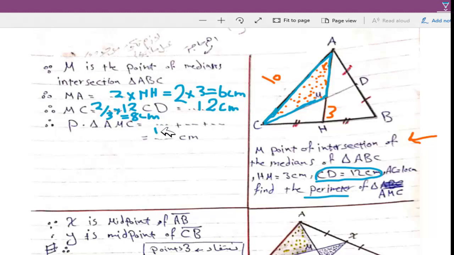So the perimeter will be 10 plus 8. This is 8, this is 10, and the first one is 6. So 8 plus 10 plus 6 will be 24 centimeter.